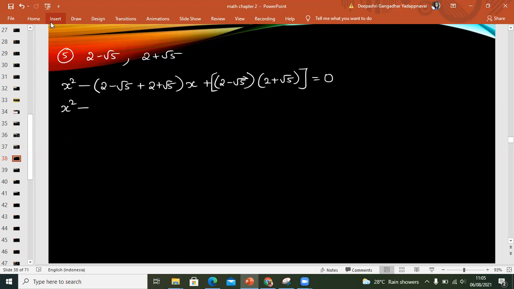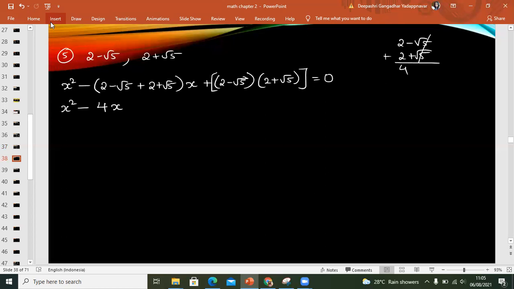Can you add these two roots? I'll write here 2 minus root 5 and 2 plus root 5. In the addition, minus root 5 plus root 5 becomes 0. What is left is plus 2 and plus 2, which gives you 4. So I can write 4x.